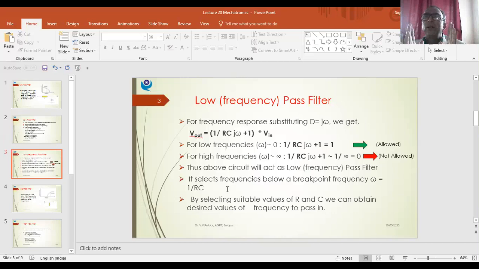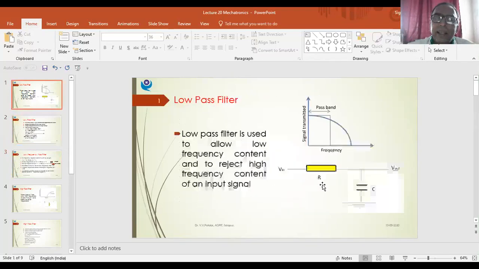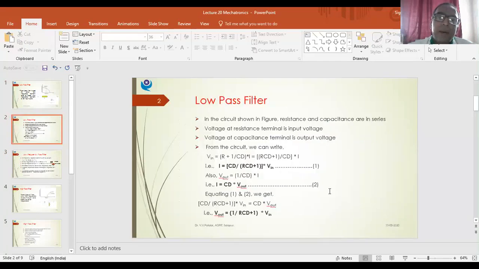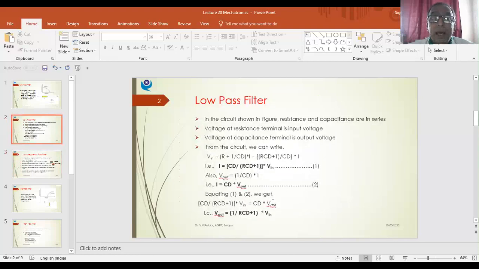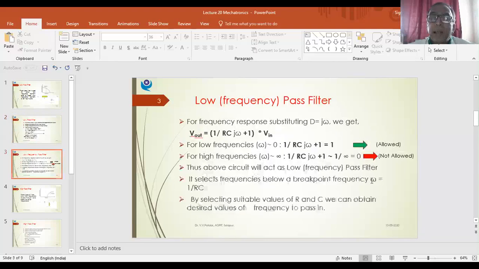I want only frequencies up to 10 radian per second to be allowed to my controller, to my actuator. So I will design the filtering circuit by selecting the R and C values for this low pass filter so that the 1 by RC value, which decides the breakpoint frequency, allows only frequencies up to that value.